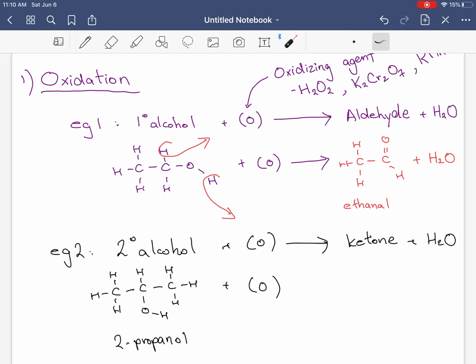Which hydrogen are we going to take away? Pretty obvious. We're going to take away this hydrogen and this hydrogen. They're going to somehow pick up an oxygen here to give you this.